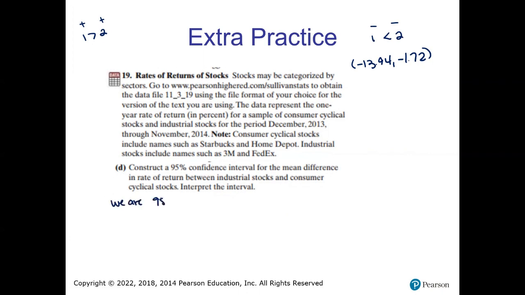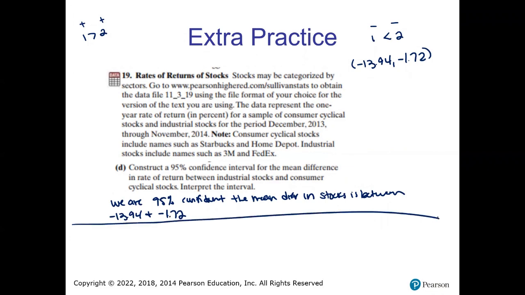We are 95% confident. I'll do the basic one first. The mean difference in stocks is between negative 13.94 and negative 1.72. Okay, to have this make more sense, this is consumer cyclical, this is industrial.